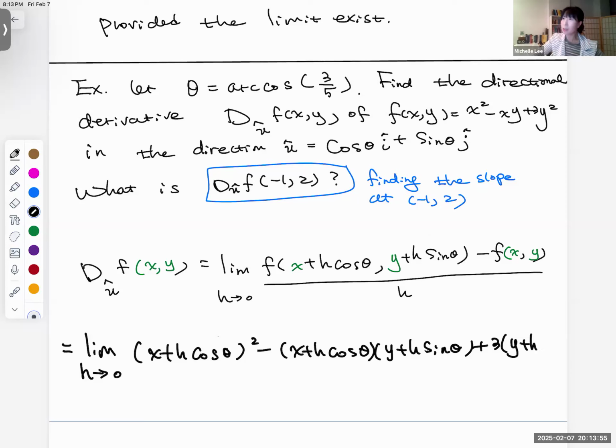3 times y plus h sine theta, squared, all over h, right? Oh, minus of that, right? So minus, then copy everything, this one.